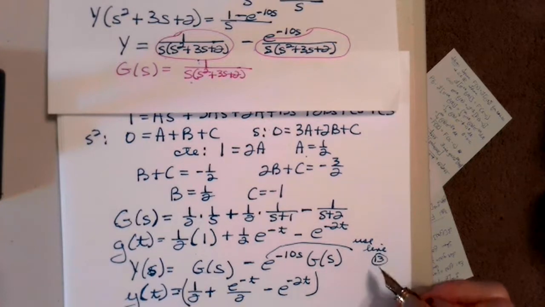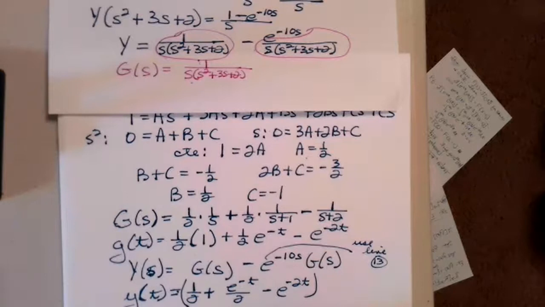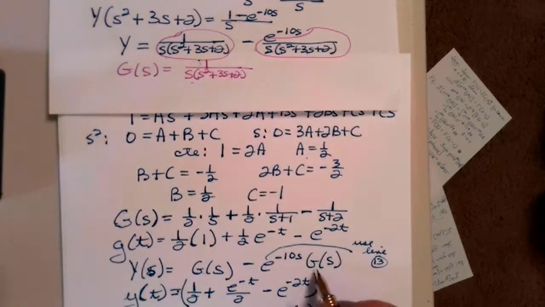And you will see that the inverse Laplace transform of e to the minus cs times G of s is u sub c, and here c is 10, so this will be u10 of t times the original function, the little g evaluated at t minus c, and c is 10.